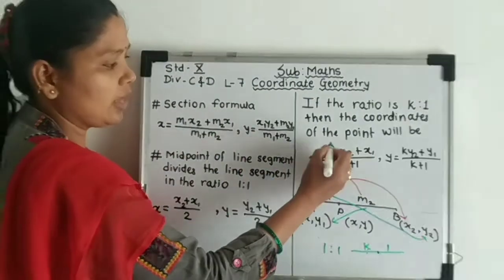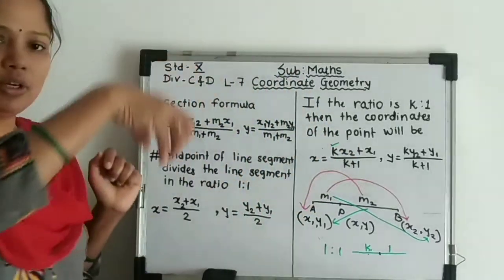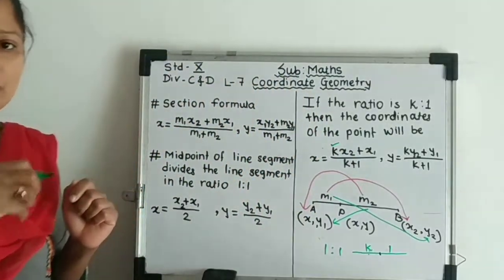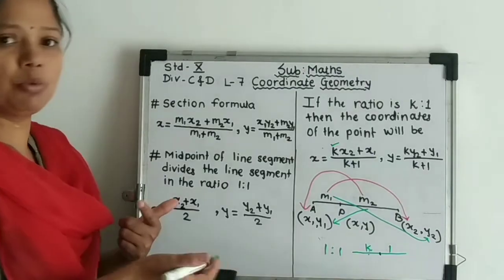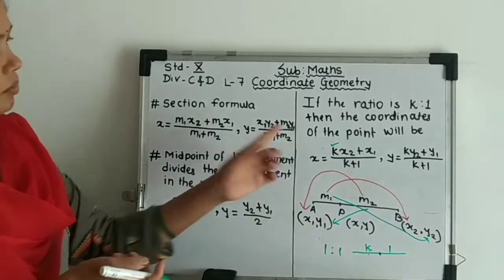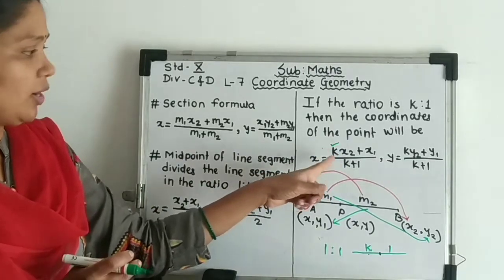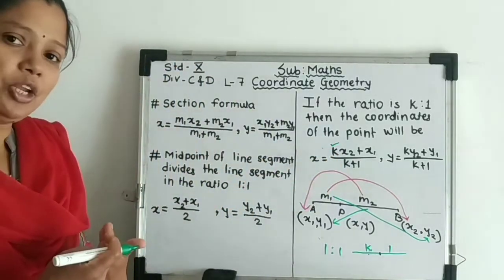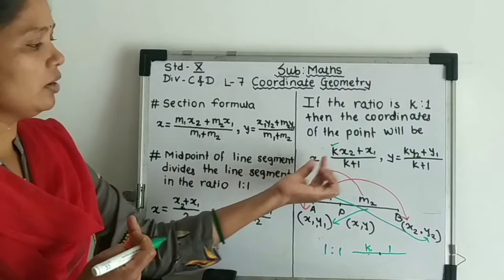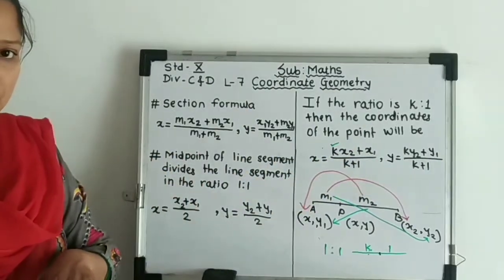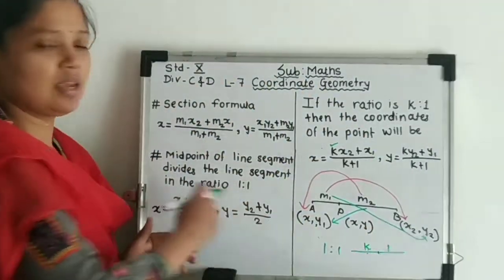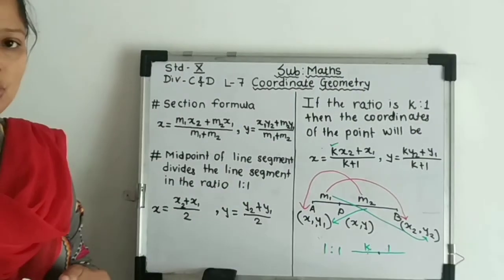You will get the k value, and when such a question comes, I will explain more clearly. In that we first find the k value. Once we get the k value, then we will find x and y. All these things we have seen in the previous video.